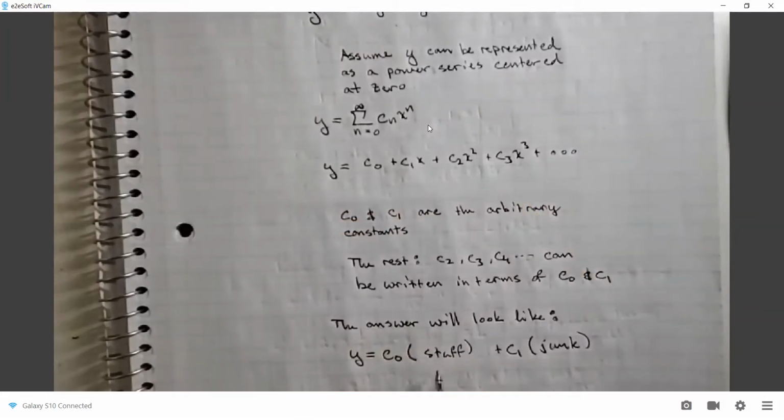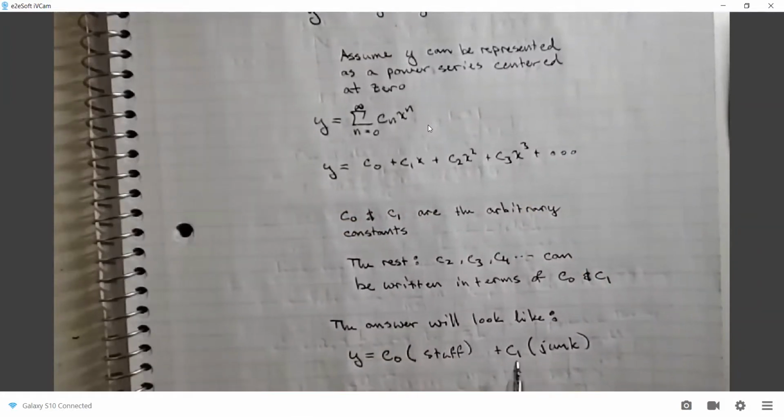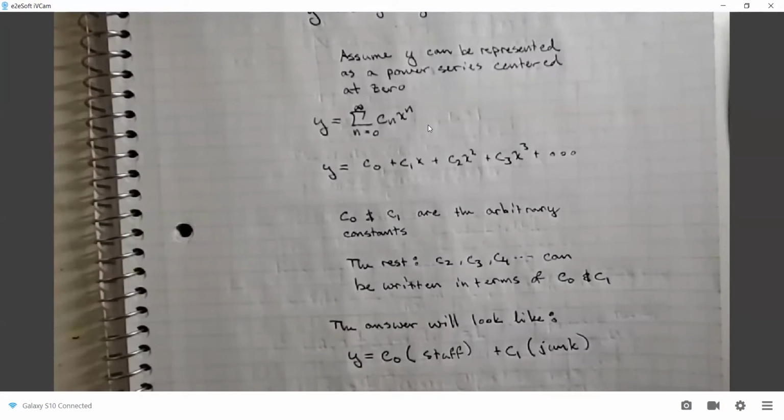It'll actually be C0 times 1 plus stuff and C1 times x plus junk if you want to get more specific. So this is a big, broad overview of what we're doing here.